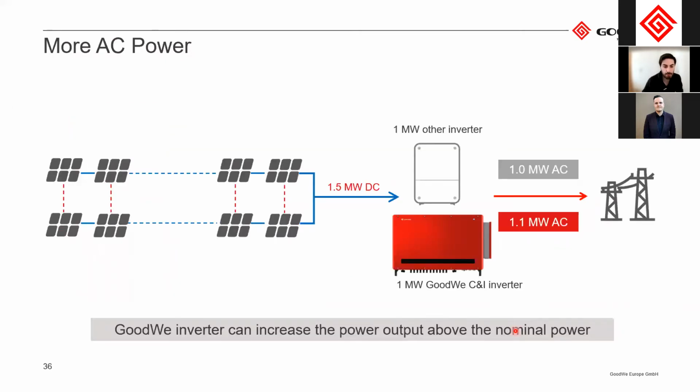As I mentioned before for the residential inverters, these CNI inverters also have the extra AC output power. It basically means that if you have a DC side of 1.5 megawatt going into the inverter, and you have a 1 megawatt inverter installed without this feature, it would cap or clip this power at 1 megawatt, and you would get 1 megawatt out to your grid or for consumption.